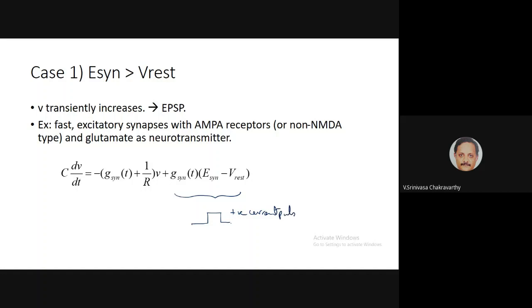So you have a positive current pulse, and in response to that, this small v also goes up and goes down. So this is obviously an EPSP. The condition for an EPSP is that E_syn must be greater than V_rest.